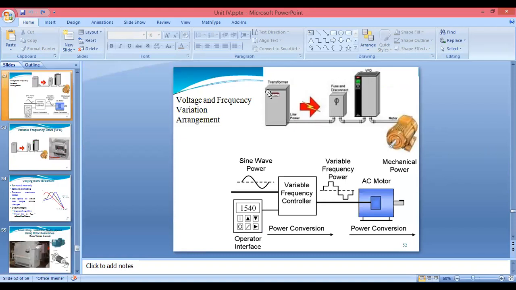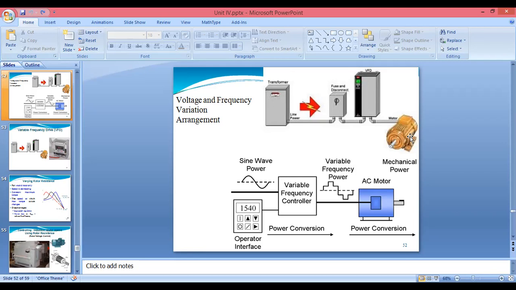So here you can see the diagram for when we are changing the value of voltage and frequency, at that time there will be changes in its speed, because we are giving the three-phase supply using the auto transformer. If we make the fuse disconnected and give the voltage through the variable frequency oscillator, we are giving the power supply to the three-phase induction motor.